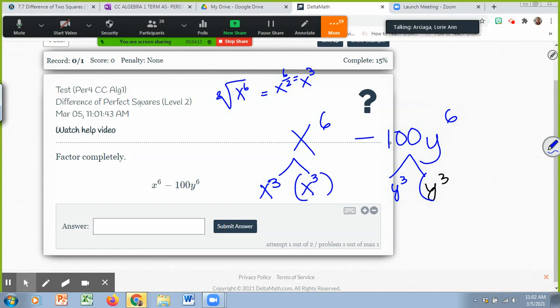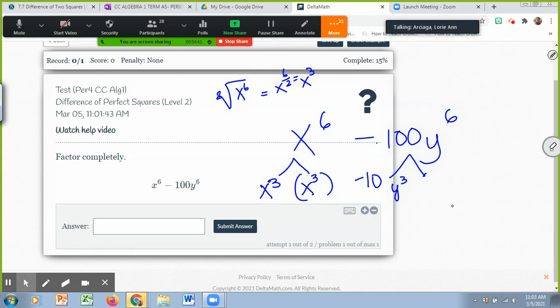Now, what's the last answer? Okay, hang on. I'm writing so I can go back. Can somebody type in the last answer in the chat pod? Thank you. Okay, did this one, negative 100, so that's going to be negative 10 and positive 10. So this will become positive 10y. Thank you, Cicely.